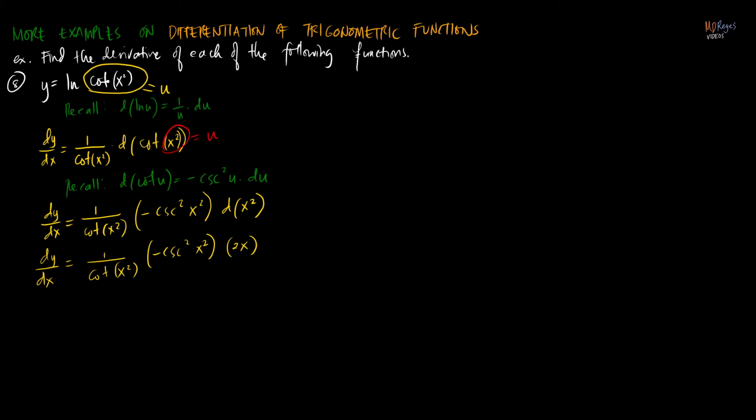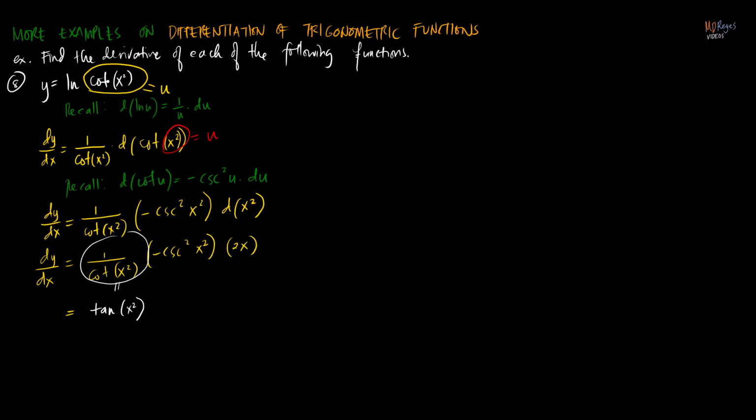In simplifying our final answer using a reciprocal identity, we know that the reciprocal of cotangent function is tangent function. So this can be written as tangent of x squared using an identity.